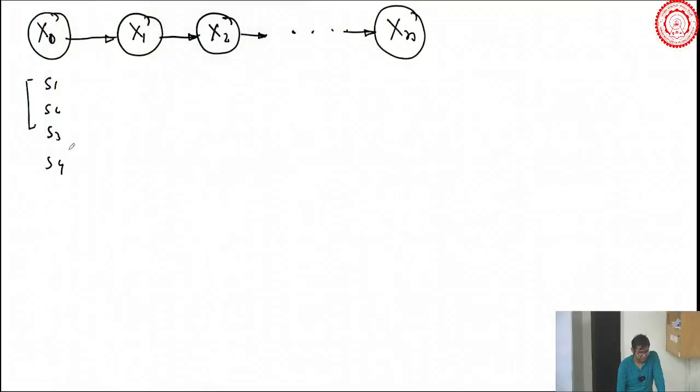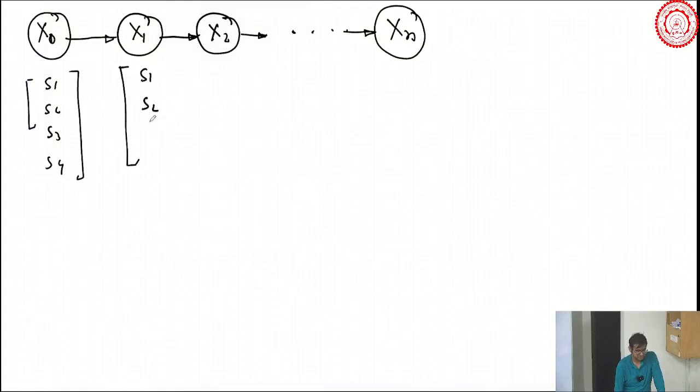Now, in our case, remember that in X0 also you are observing S1, S2, S3, S4 with certain probability. Here also you are observing S1, S2, S3, S4 with certain probability, and that probability was pi naught.